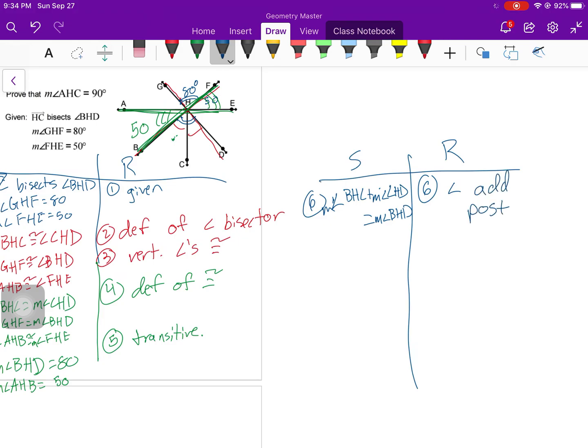And I know that those two angles are the same, so I can say that measurement of angle BHC plus measurement of angle BHC equals, and we know the measurement of angle BHD is 80 degrees by our substitution.